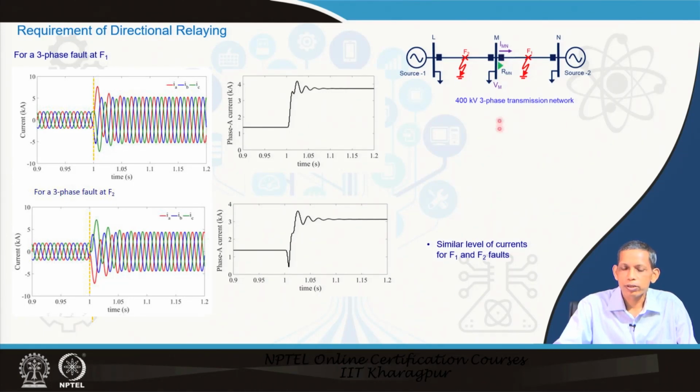So, we conclude from this discussion that the current magnitude based overcurrent relaying principle alone cannot distinguish that, and for such discrimination, directional relaying is required. Direction, what we mean here, is the direction of the fault.